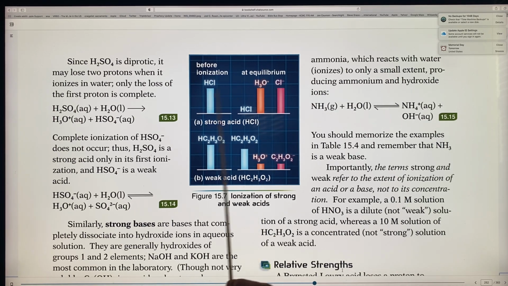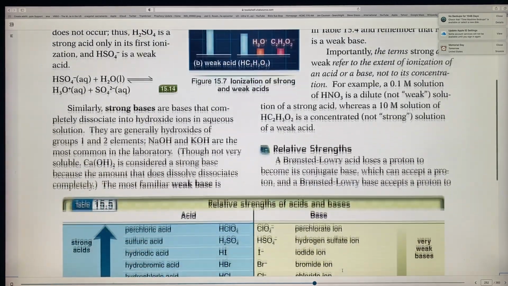It ionizes the whole thing, very strong. And here's a weak acid. See how it changes, but very weakly. It doesn't produce very much of the hydronium ion. It's only partial. So this is a weak acid. See the difference between the strong and the weak. That's what this section's about.